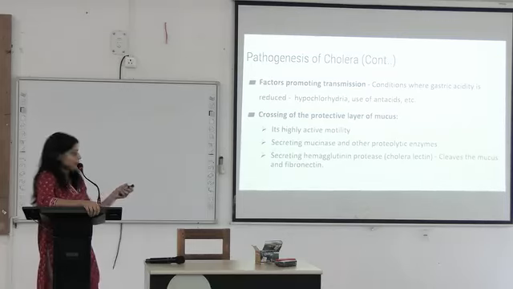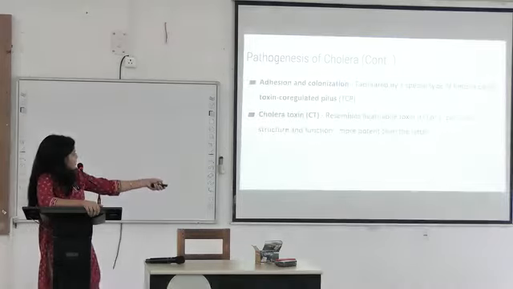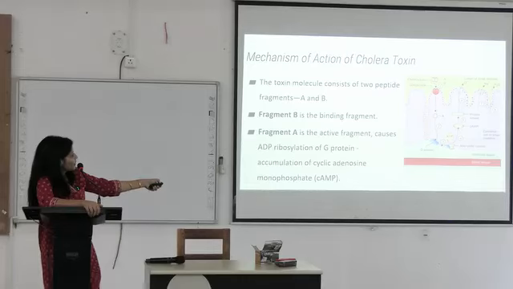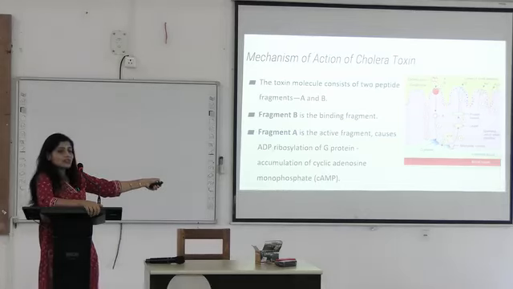Through cholera toxin, it acts on your intestine. See here, what is this thing? These are all enterocytes, right? On these enterocytes, the cholera toxin has come and attached. Cholera toxin has two units. First is A, which is the active unit, and B, which is the binding unit.